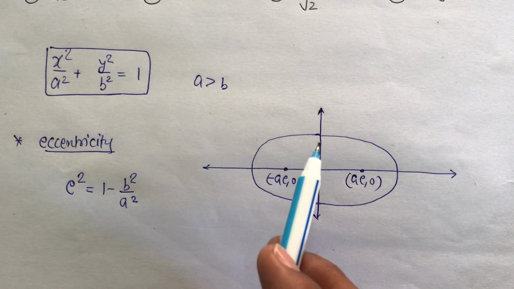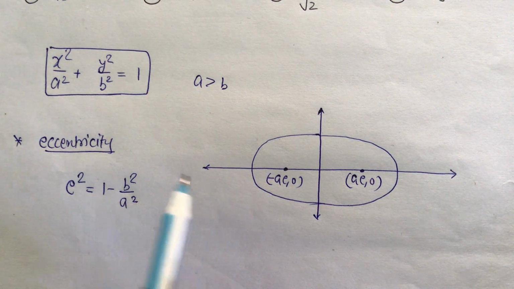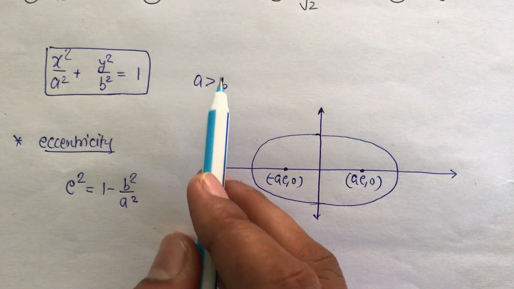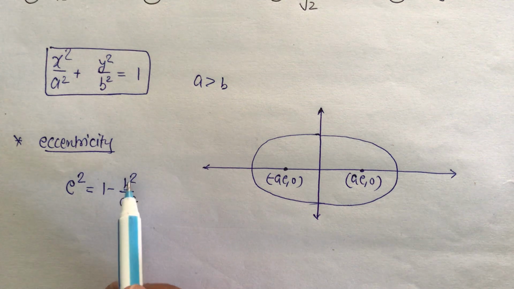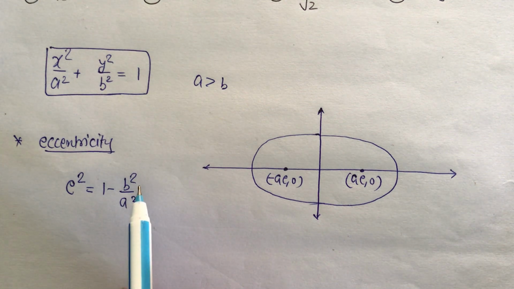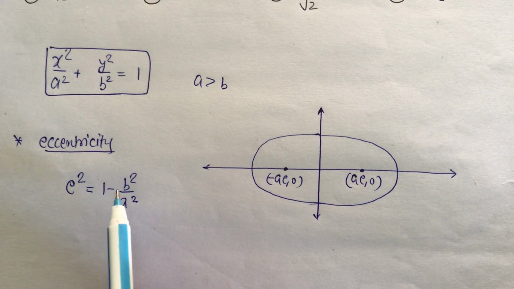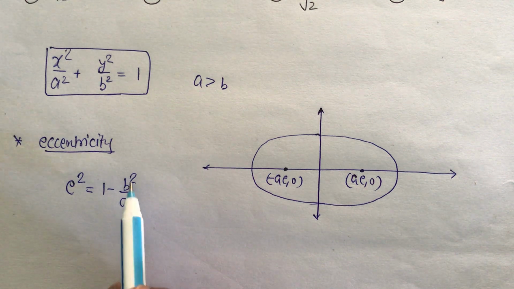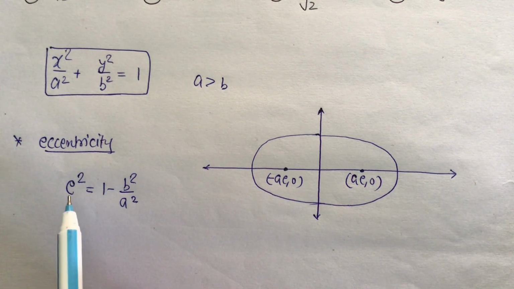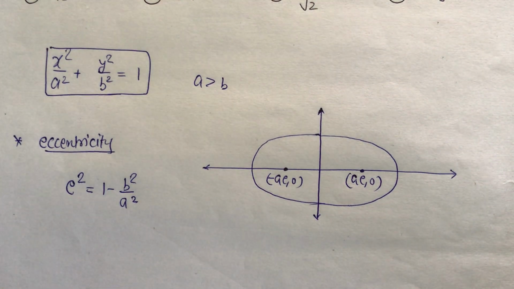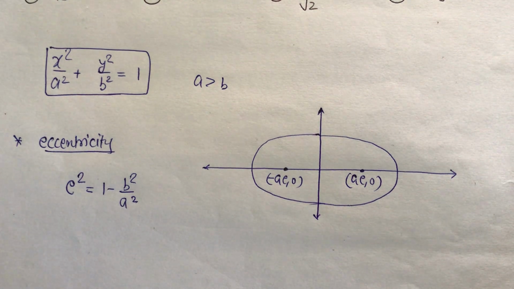Eccentricity for the ellipse is always less than 1. As a is greater than b, b square upon a square will be less than 1. So 1 minus a number less than 1 will be a number less than 1. So e is less than 1 for the ellipse.